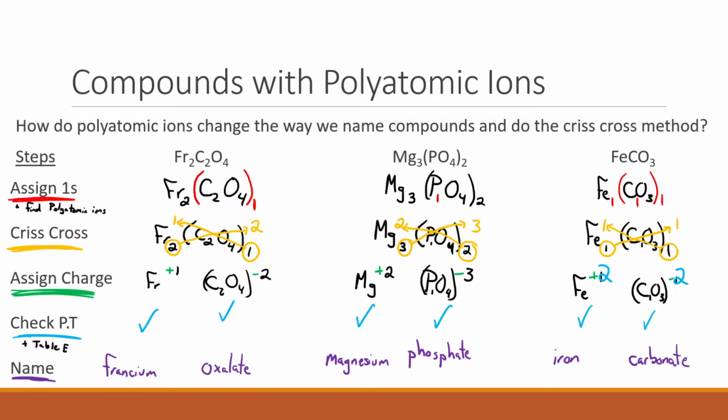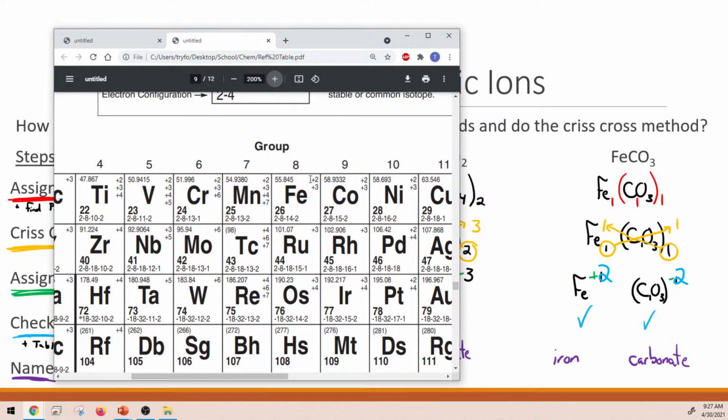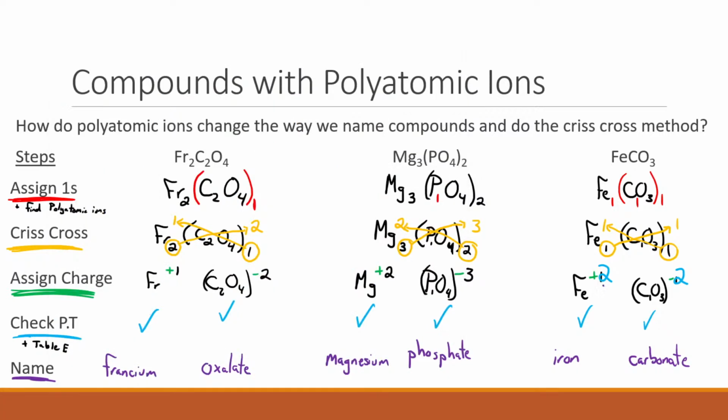And do we need a Roman numeral for this one? Does iron have multiple options? Iron could be +2 or +3. And since iron could be either +2 or +3, we need to specify which one it's going to be. Because it is the +2, we are going to write iron 2 carbonate.